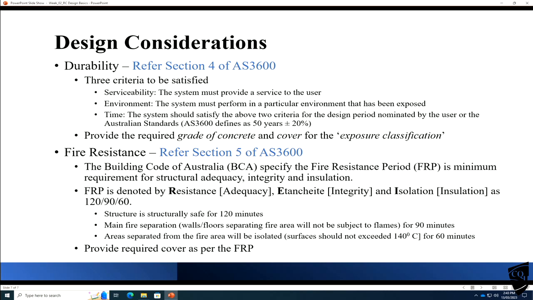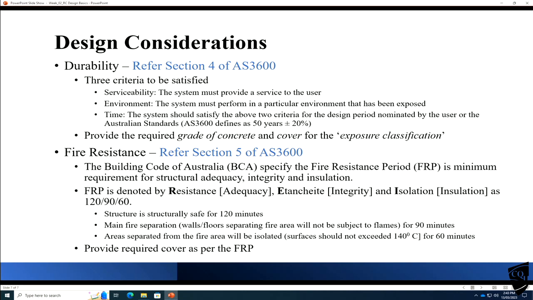That means we should allow sufficient time to evacuate the people in the structure. So for fire resistance, we are considering 3 different things: structural adequacy, integrity, and insulation. So there are 3 things.